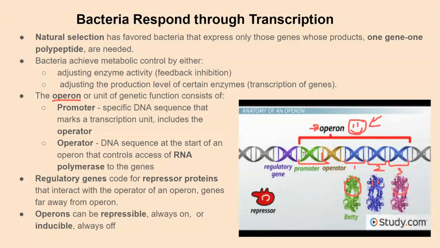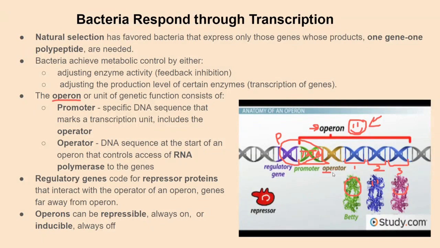And if you remember from last week, the promoter is usually made up of a series of repeating TAs, so thymine and adenosine. We call this the TATA box, and this is a really attractive area. Since we have that repeating pattern, it's easily recognizable. And guess who recognizes it? It's going to be polymerase. I'm just going to put a P for polymerase.